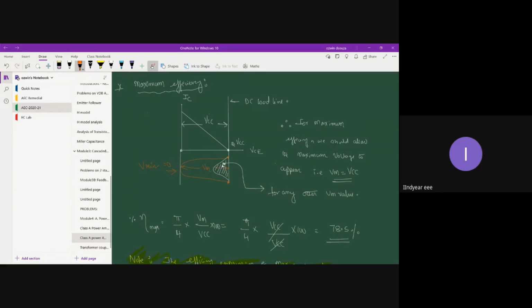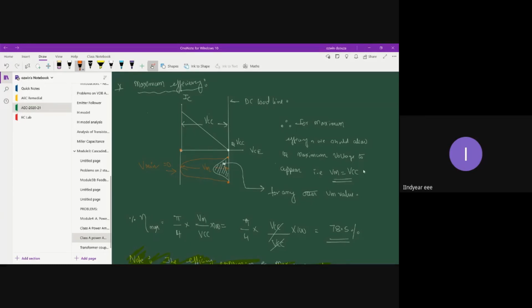All right. So taking that into consideration, we can say that the maximum value, okay, so of course V minimum is 0, but the distance measured from origin till the Q point is VCC, and that itself is the maximum value. So therefore, eta max will be pi by 4 into Vm, right? So what is Vm? At maximum efficiency, your Vm is equal to VCC.